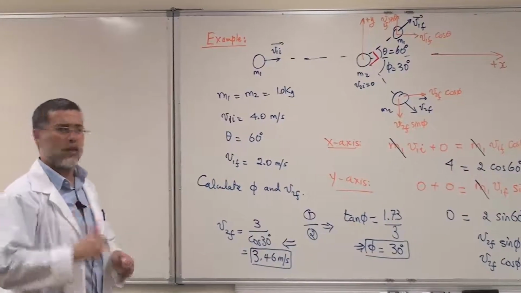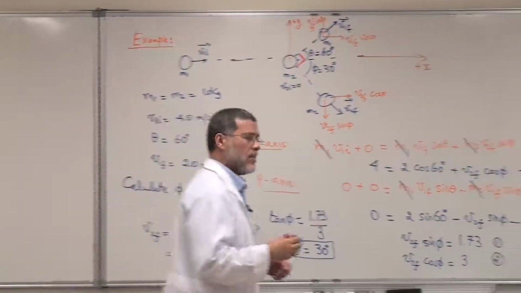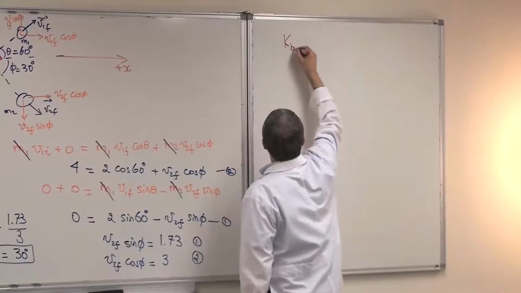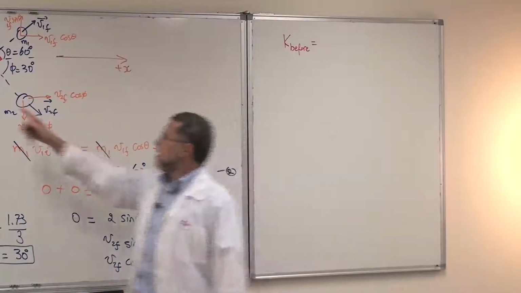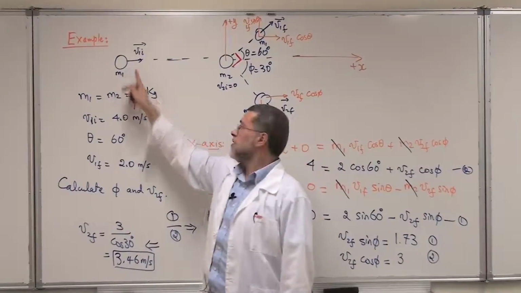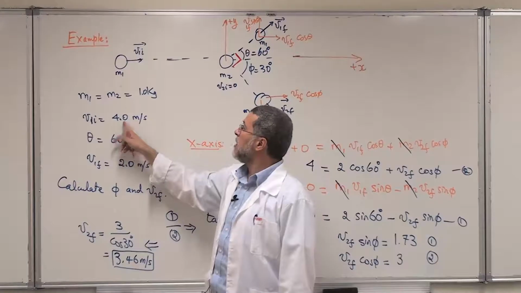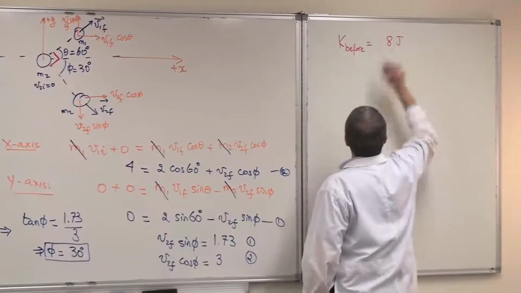I'm going to do something else now. I'm going to calculate the kinetic energy before and after the collision and see what happened. So let's call K before. K before is the kinetic energy of this guy here, half m v squared, so it will be 16 divided by 2 plus 0. This is 8 joules.